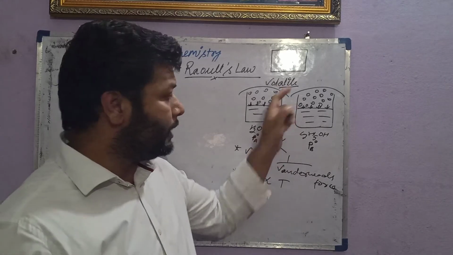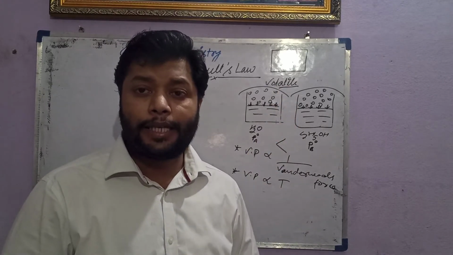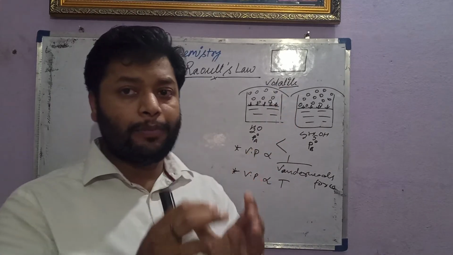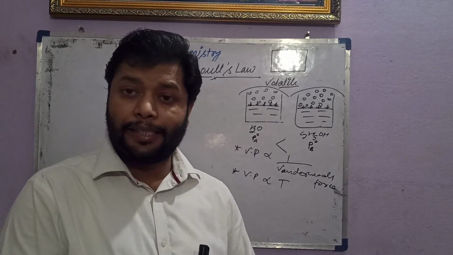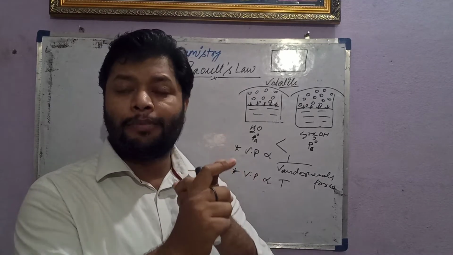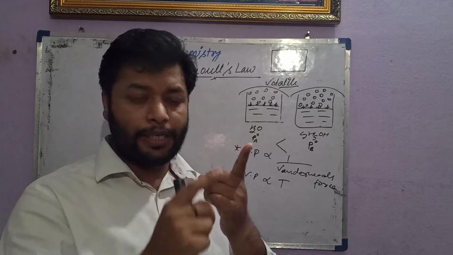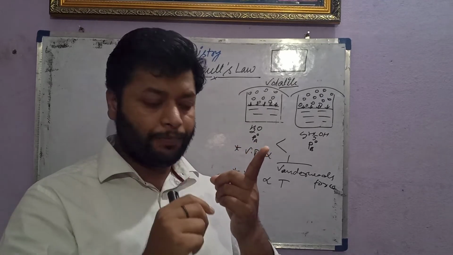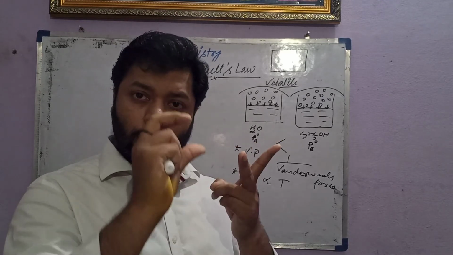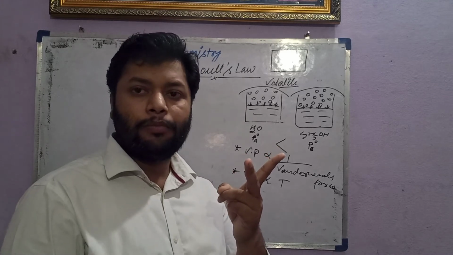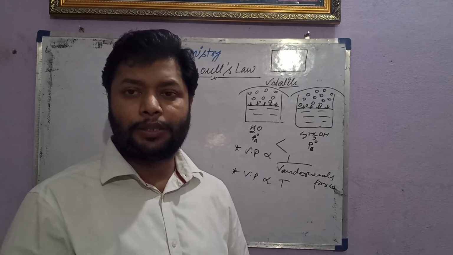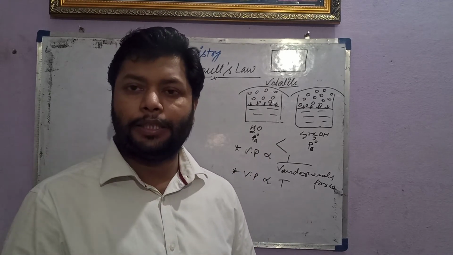Actually, volatile indicates the escaping tendency of the liquid. More volatile means more escaping tendency, means easily evaporated. Less volatile means low escaping tendency. And non-volatile means no escaping tendency.